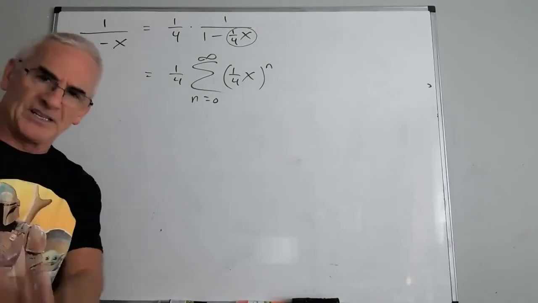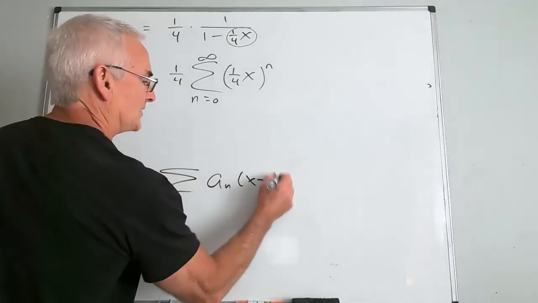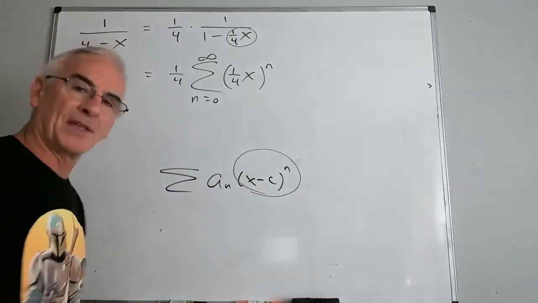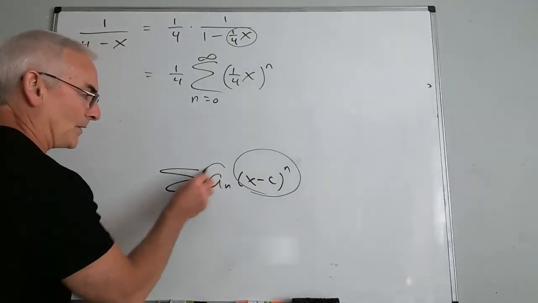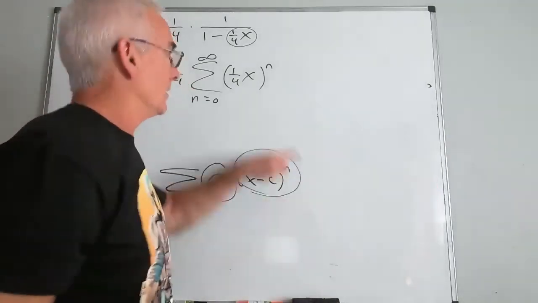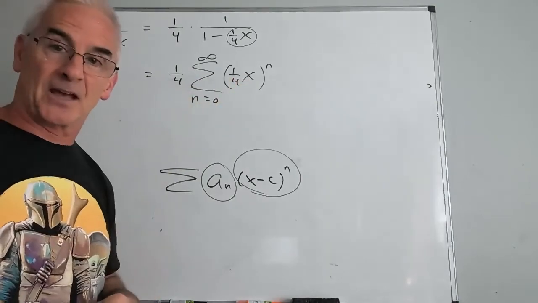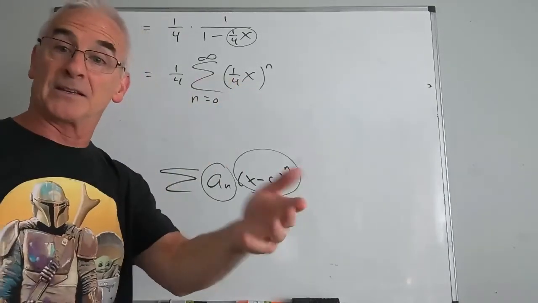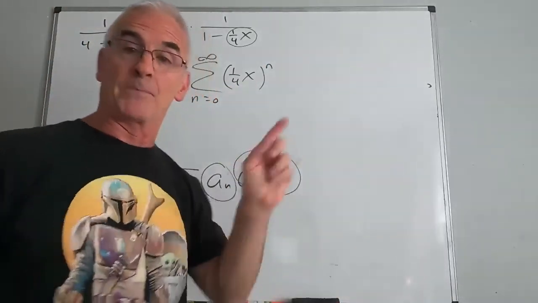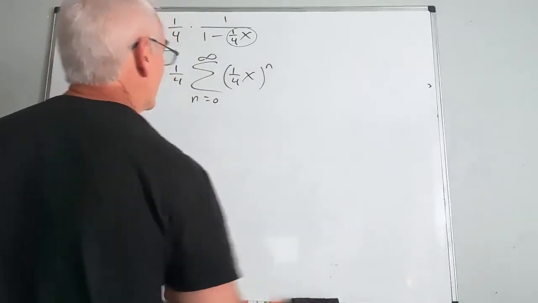Well, generally speaking, I said before, this is the form of the power series, meaning that the exponential term, the thing involving x to a power, and the coefficient should absolutely always, without exception, be separated. I'm not done. This is not a power series. I don't have x to the n. I have something times x raised to the n. It's not a power series until the x to the n stands alone. So that's what I mean. Everything I said is true, but we're definitely not done.